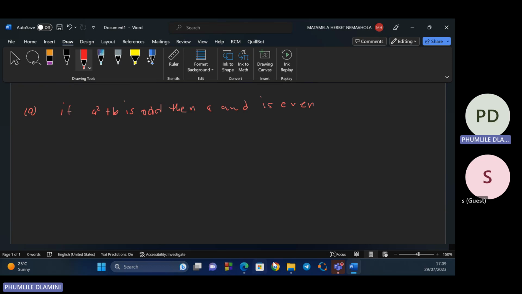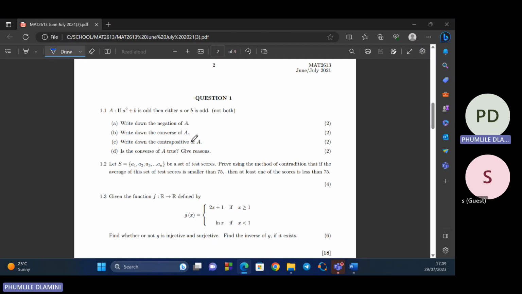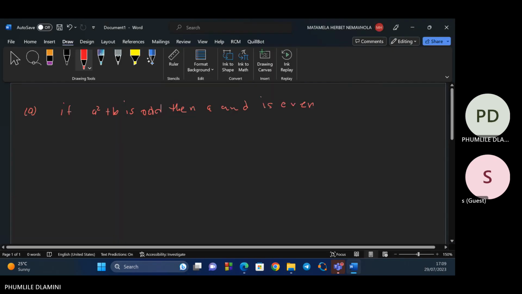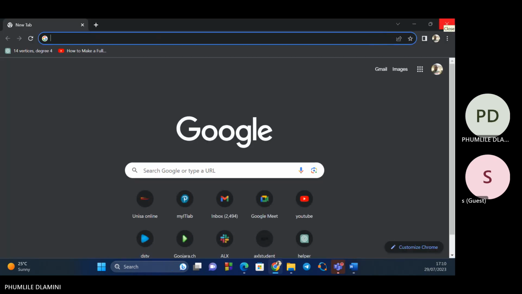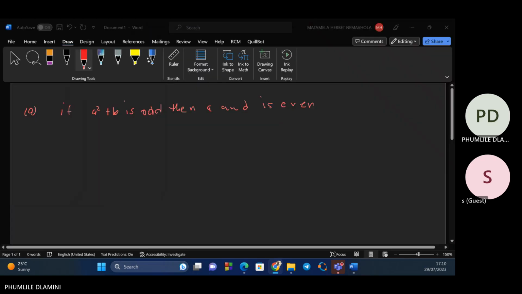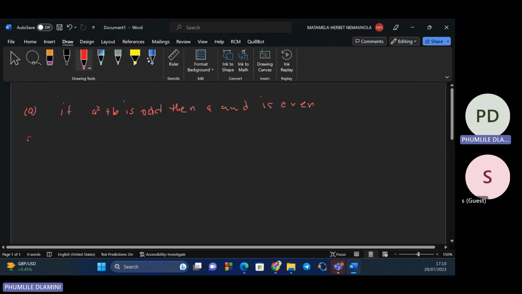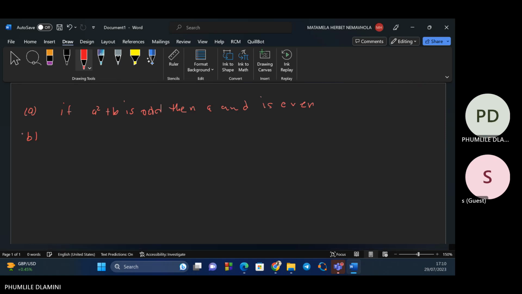And then the second one is: write down the converse of A. So the converse of A, this is number B. Let me just read it.